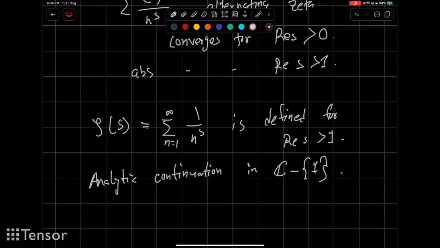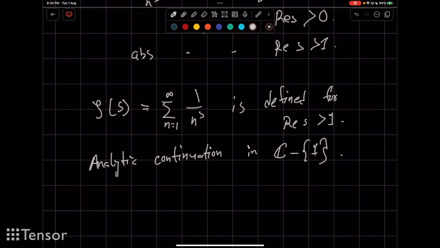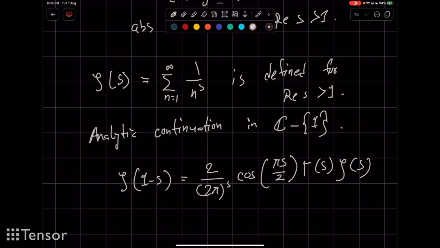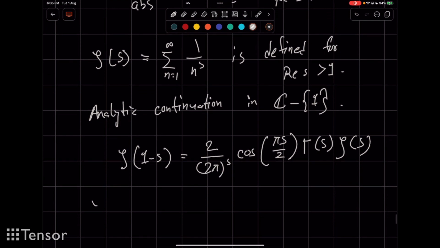The analytic continuation has a very nice functional equation: zeta of 1 minus s is equal to 2 over (2 pi) to the power s, times cosine of pi s divided by 2, times gamma of s, times zeta of s. Using this functional equation, we can find the value of, let's say, zeta of -1.